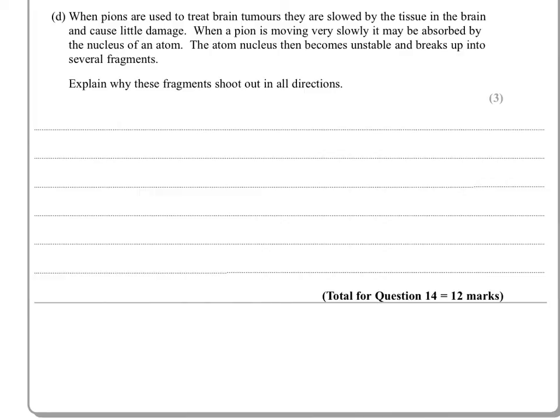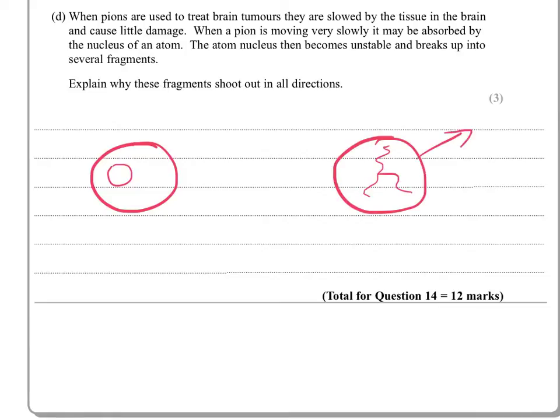Okay, so you're going to need to explain about conservation of momentum. We're told that the pions are moving very slowly by the time they're absorbed by the atom, so we can assume that we start with an object that has zero momentum with the pion absorbed, and then that the fragments of that thing shoot off in opposite directions, so that the vector sum of their momenta goes back to zero.